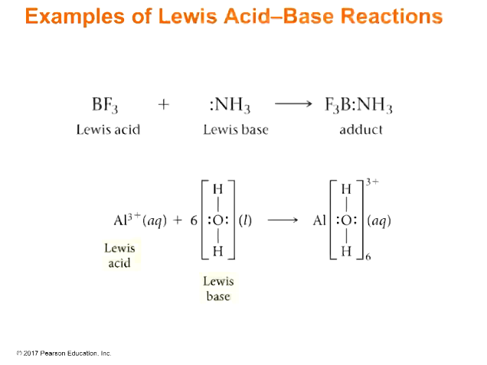So let's look at an example of a Lewis acid-base reaction. The first example up above has boron trifluoride and ammonia. Remember, boron has an incomplete octet when it's bonded to 3 atoms, so it can interact with ammonia because it has an empty orbital.